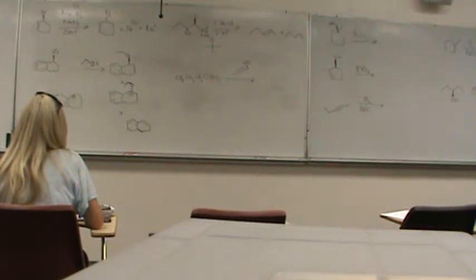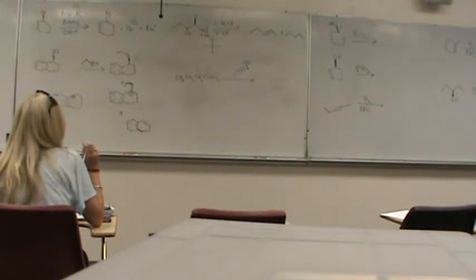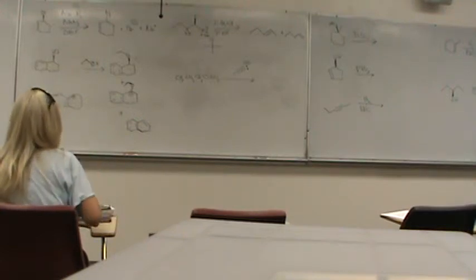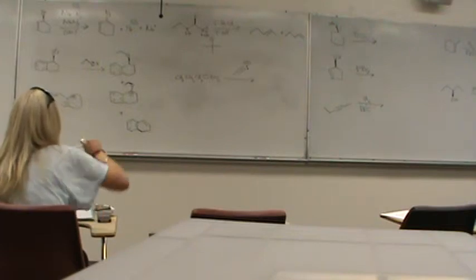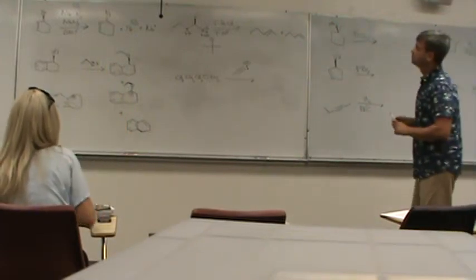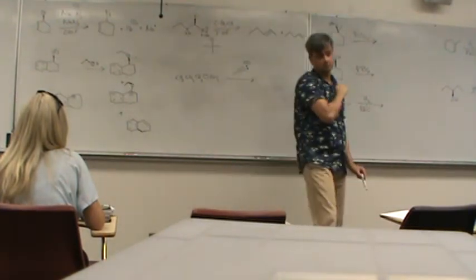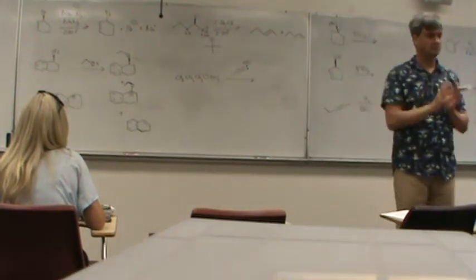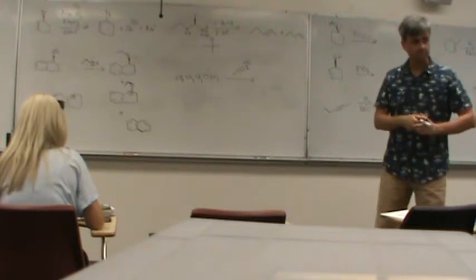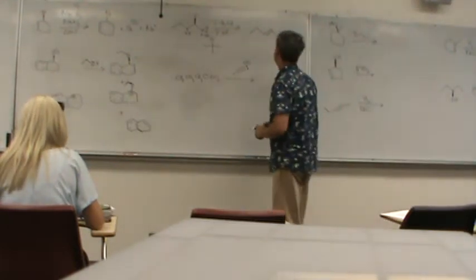So you determine which one's a major and which one's a minor product? Yes, but we're not even ready to do that. There's another product. You mean this one? That's not adjacent. Adjacent has to be next to it. That's on the carbon, so that one will always be there.